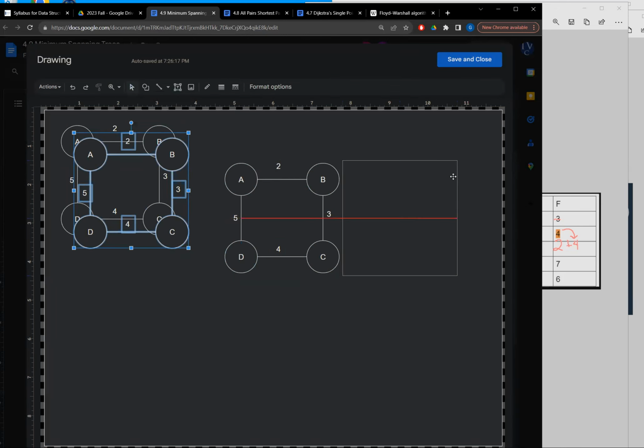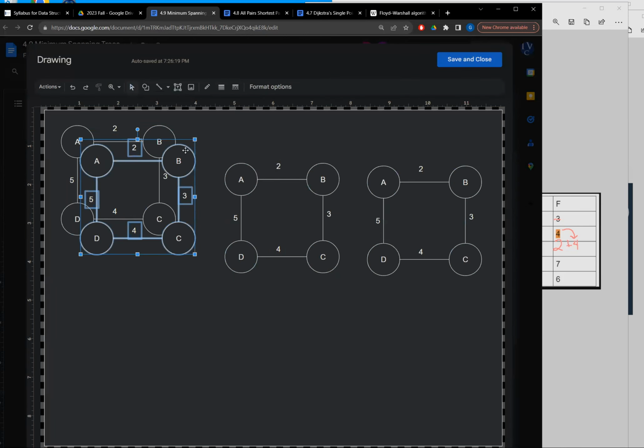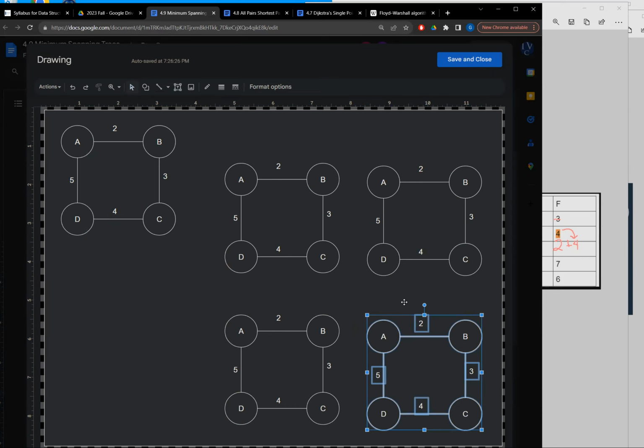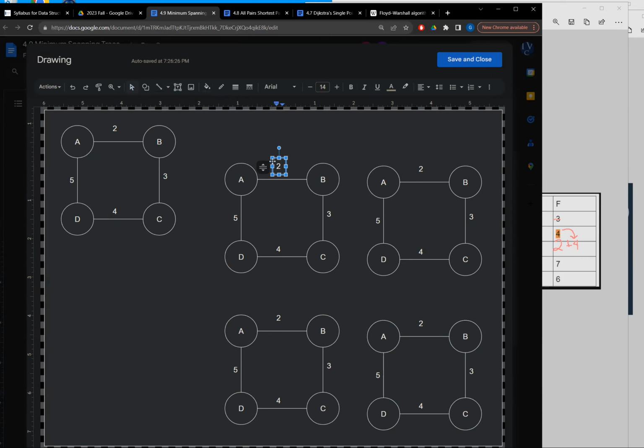So if we build all possible spanning trees and then just sort them or do a search on the minimum, find the smallest one in that forest, more or less, that we created, choosing the smallest one of them.